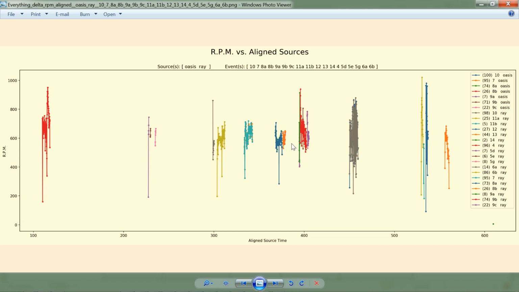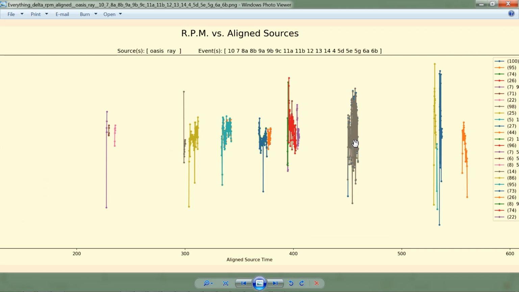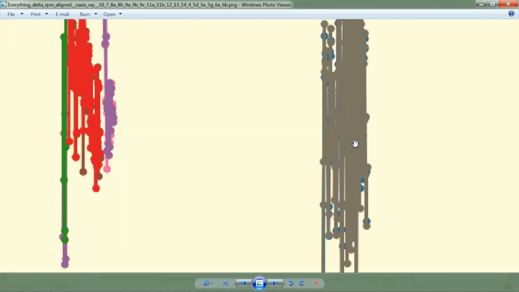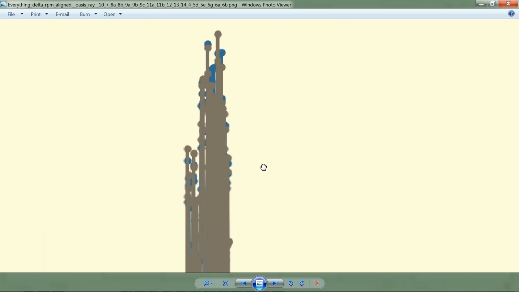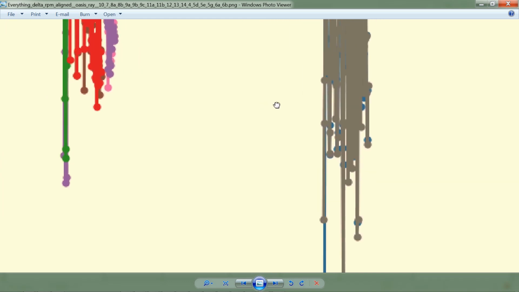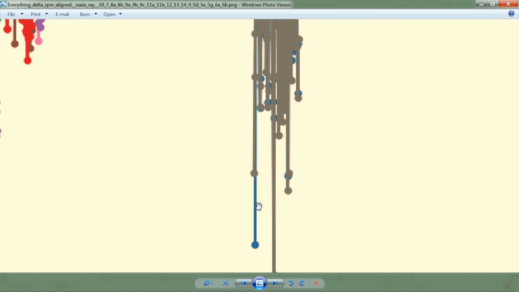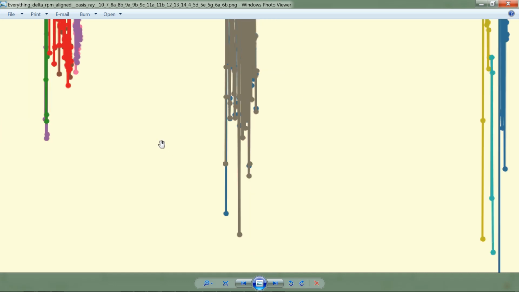What is apparent on this, though, is that if we look closely at, say, volley 10 here, and again we're looking at the Raymond Page and the Oasis Apartments, there's not a lot of difference up and down, namely in RPM, between those two. Although here we see that the blue one extended more, and there's something that needs to be looked at there.